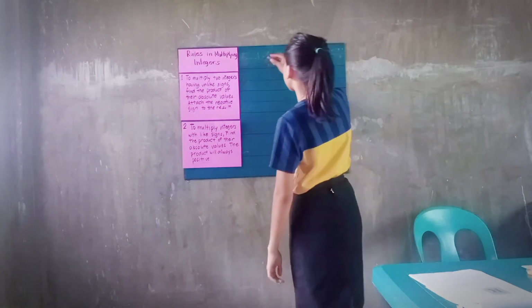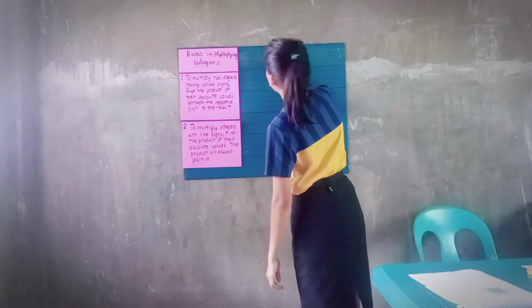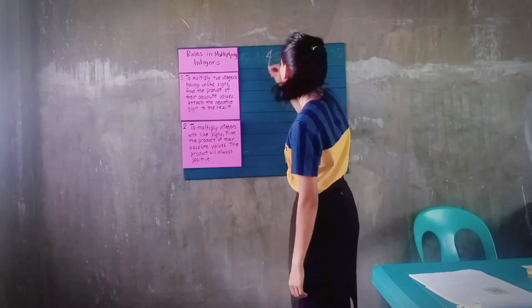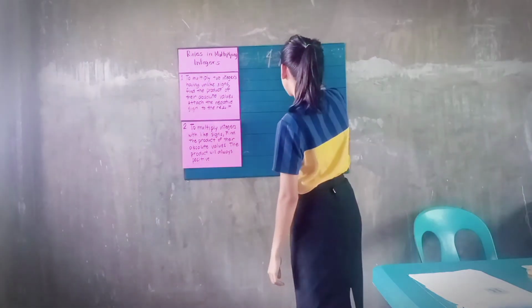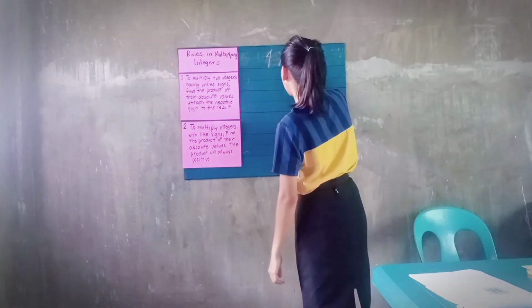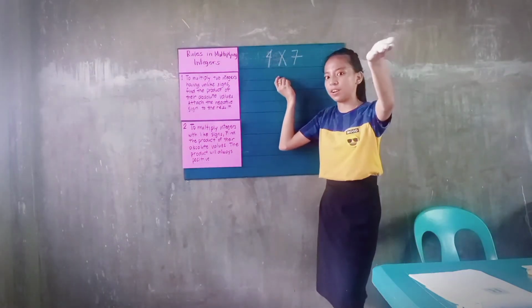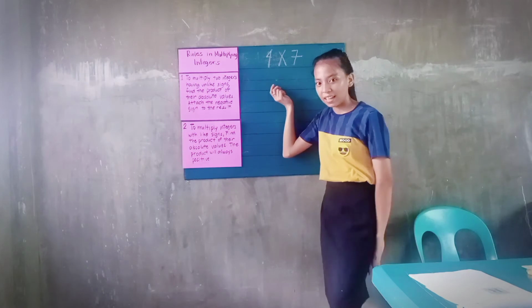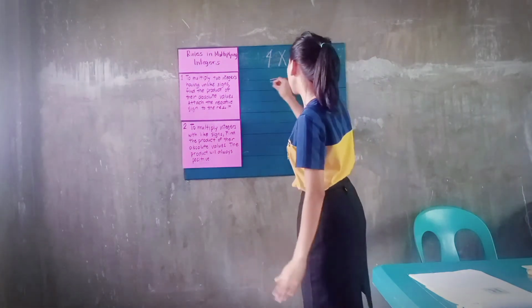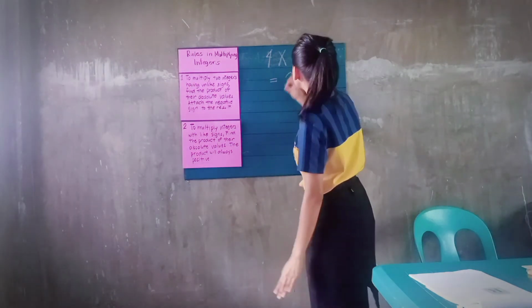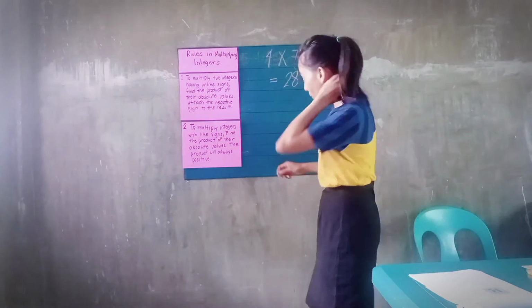Okay, example. Positive 4 times positive 7. What will be the answer of this? Okay, Mr. De Leon. Okay, very good. The answer is positive 28. Why?